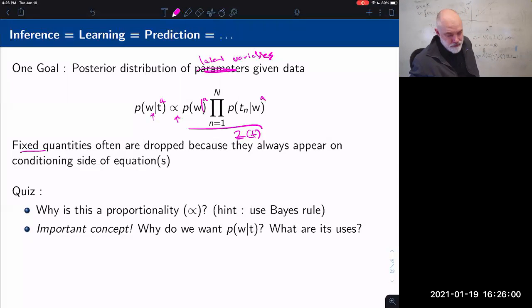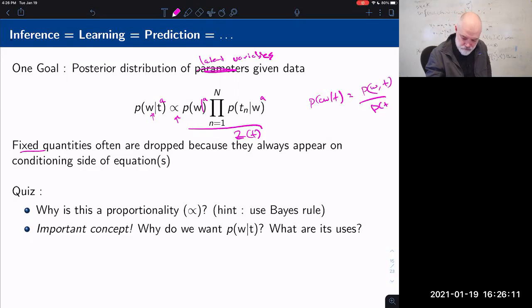So why is this a proportionality? I don't want to belabor this point, but it's Bayes' rule. You need to be able to do that in your sleep.